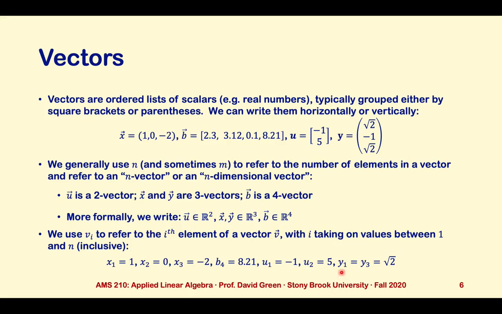For vector y, elements 1 and 3 both happen to have the same value of square root of 2.